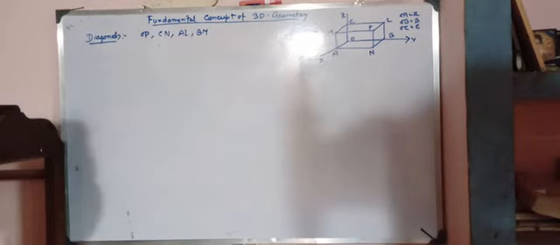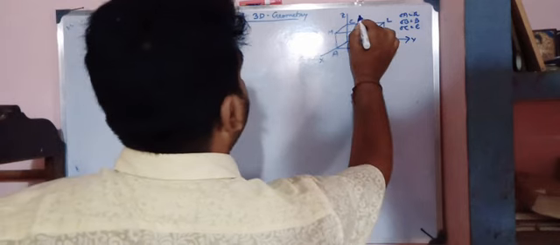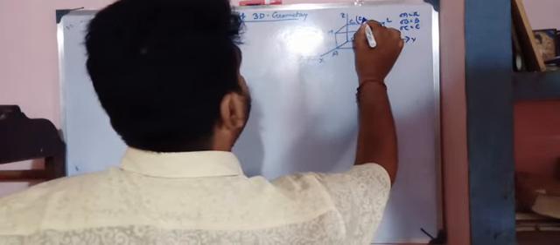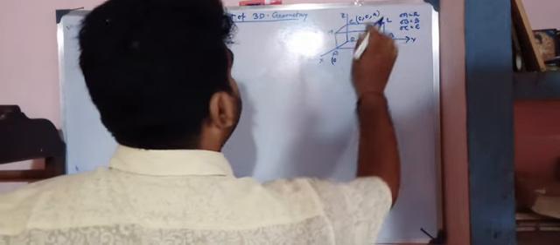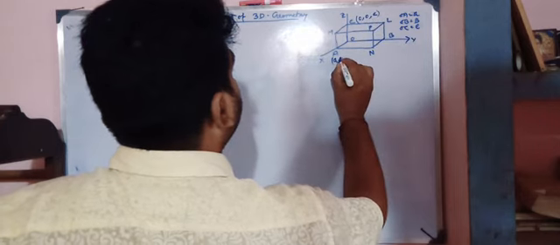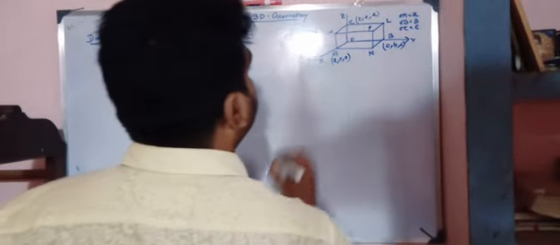These are the diagonals. Understood that? Now I am plotting the points over here. This is 0 0 A, this is 0 0 C, this is A 0 0, and this is 0 B 0.